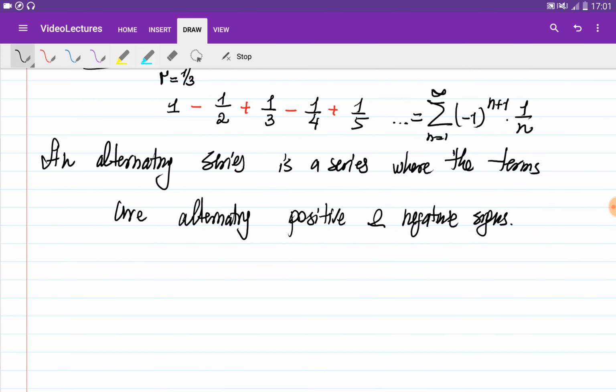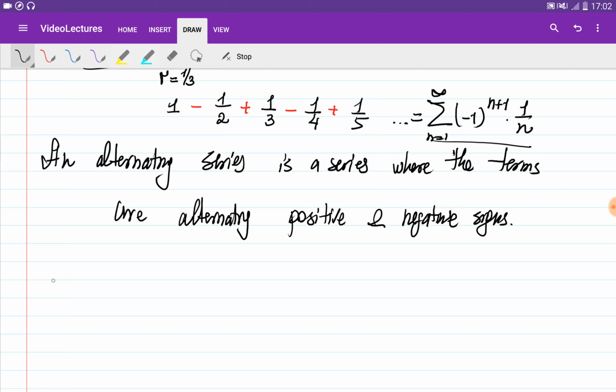So this is an example of the alternating harmonic series. The summation of 1 over n would be the harmonic series. The summation of minus 1 to the power of n plus 1 multiplied by 1 over n is the alternating harmonic series.